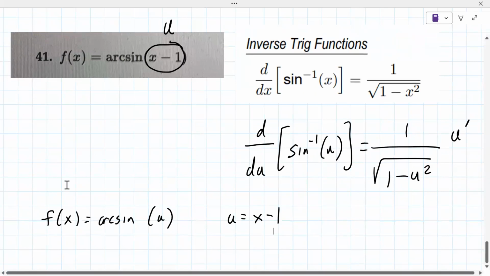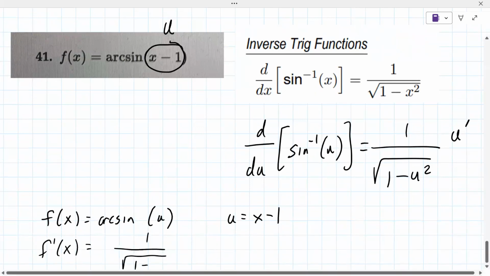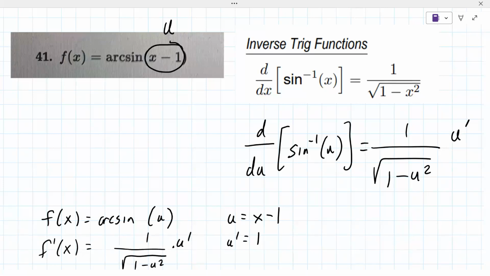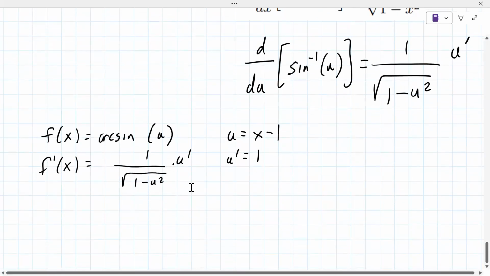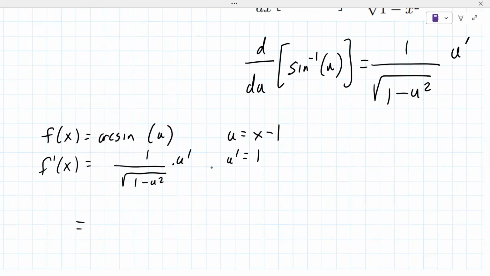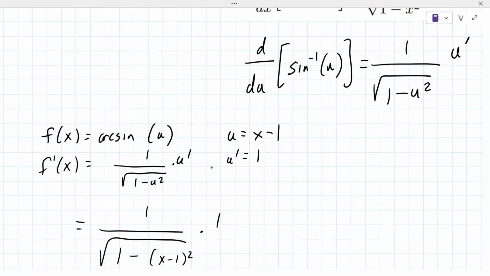So then when you take your derivative, it is 1 over square root of 1 minus u squared times u prime. Well, what is u prime? It's the derivative of x minus 1, which is 1. And then you back substitute. So you put your u back in, you put your u prime back in. So it's 1 over the square root of 1 minus (x minus 1) squared times 1, which doesn't change anything.